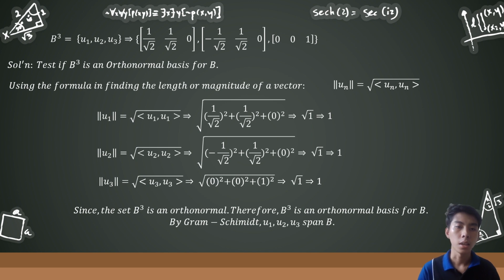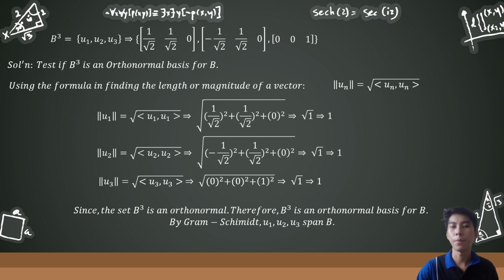By Gram-Schmidt, u sub 1, u sub 2, and u sub 3 span b. So that is how to transform your given vectors into an orthonormal basis for r raised to 3, or for however many elements a vector has. That is the essence of using theorem number 3, the Gram-Schmidt orthonormalization process.